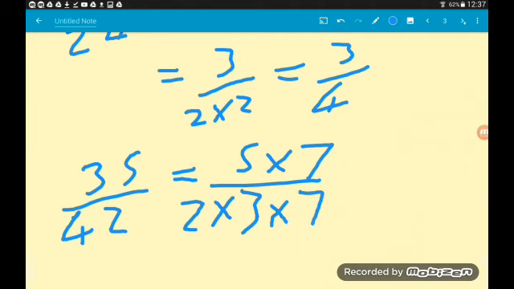So the only thing that will cancel here are the 7s. So we're left with 5 over 2 times 3, which is 6. So we've got 5/6. So there's a nice little technique you can use to simplify fractions.